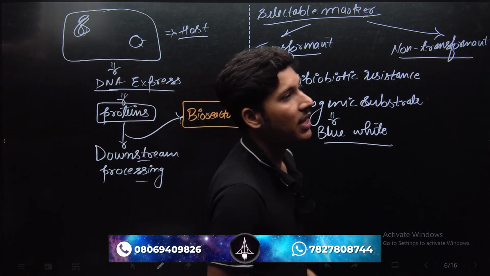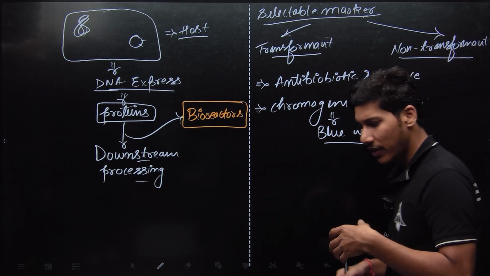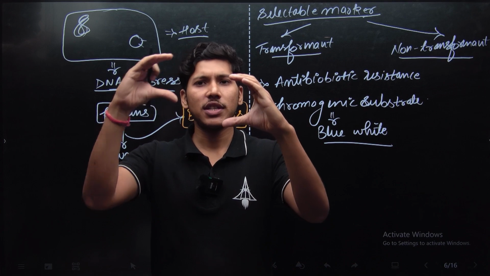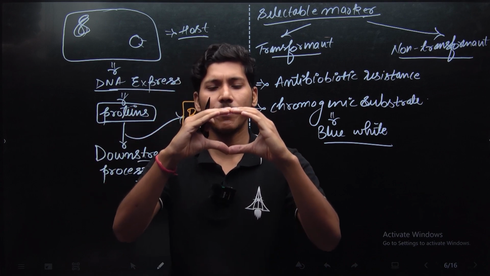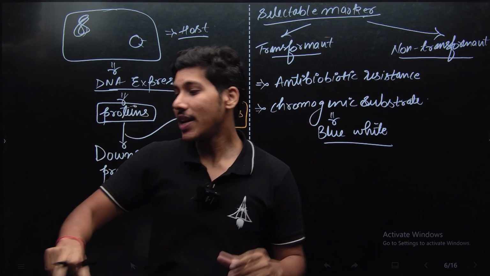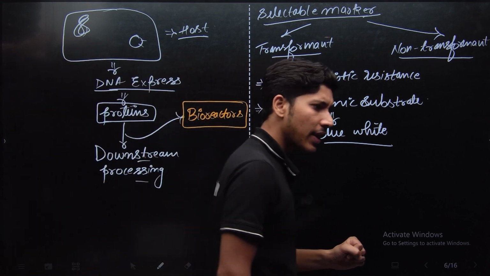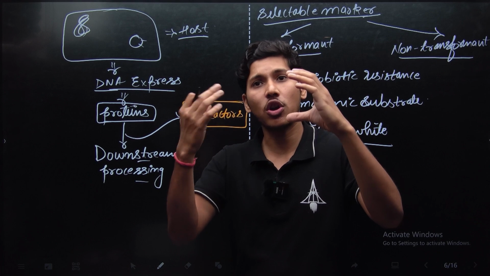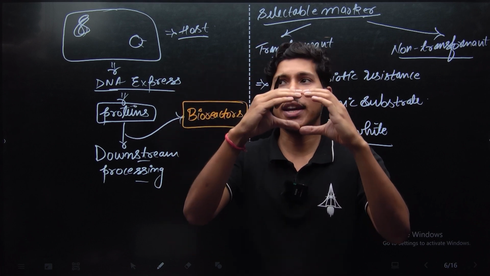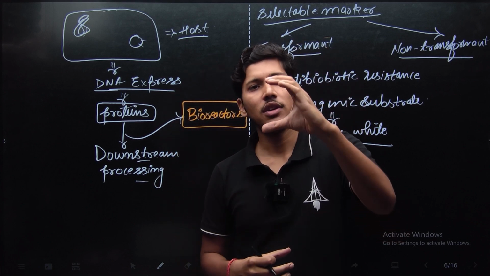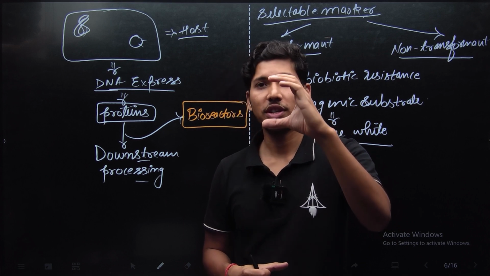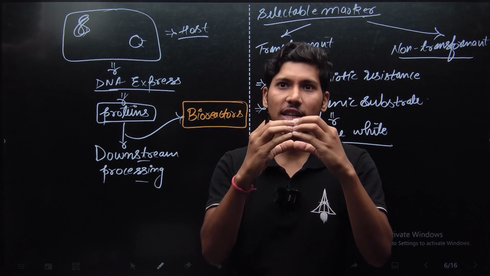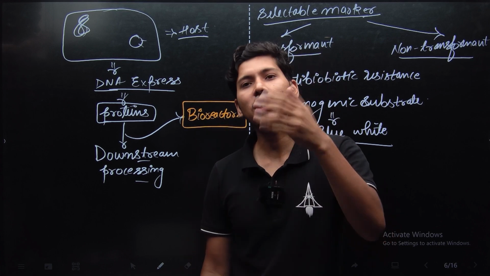Okay, let's see. So we know that we will, of course, try to insert our gene of interest inside a plasmid, right? But this reaction happens in a test tube, and we are not able to see whether it is going to be cut by the restriction enzyme or not, whether it is ligating, or if the plasmid is restricted by restriction endonuclease, then whether our gene of interest is inserted inside that plasmid or not, right? These things we can't see.